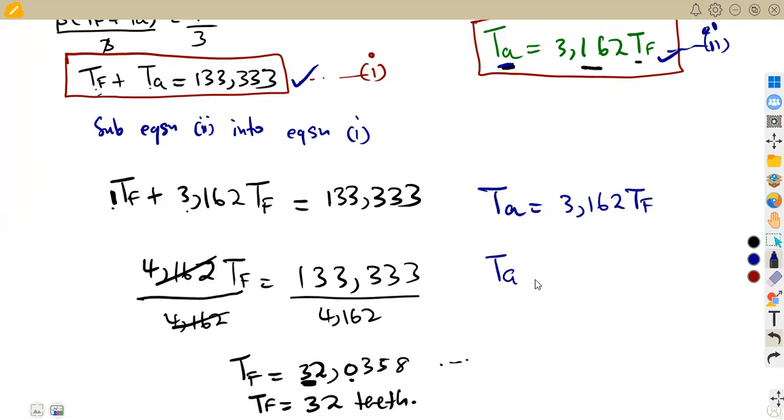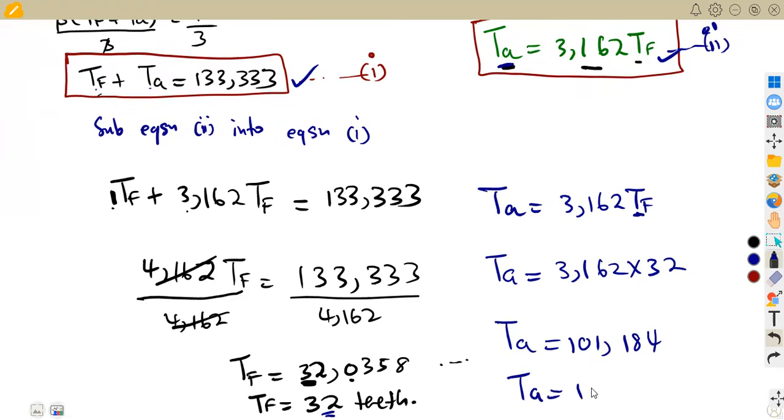We calculated TF here, we got 32 teeth. So our TG is going to be 101.184. To the nearest whole number, this is going to be 101 teeth.